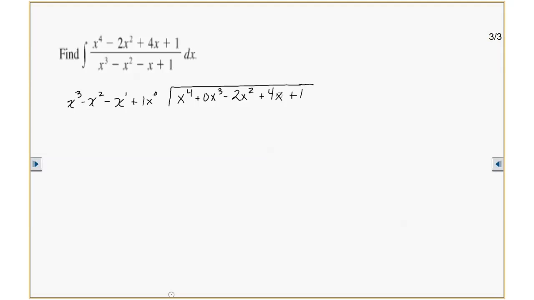Maybe somebody's going to look at that circle for a minute. And how many times will x cubed go into x to the fourth? x to the first time, Hubert.